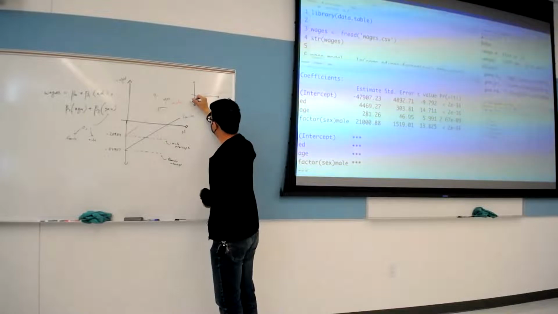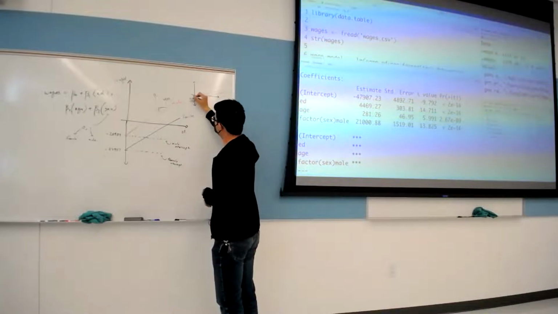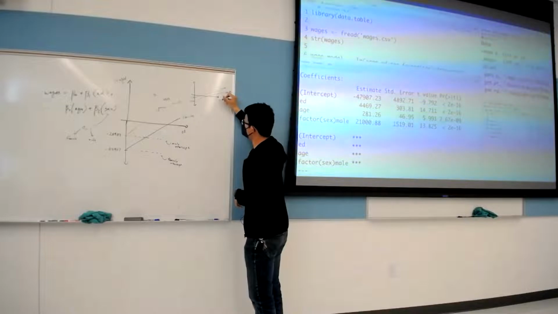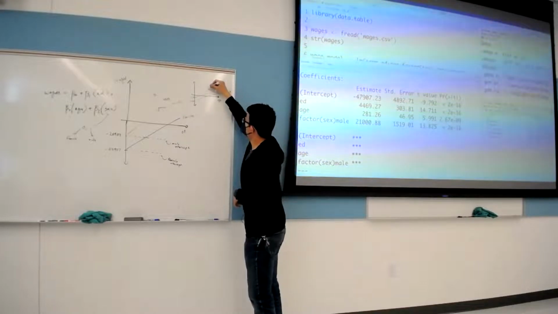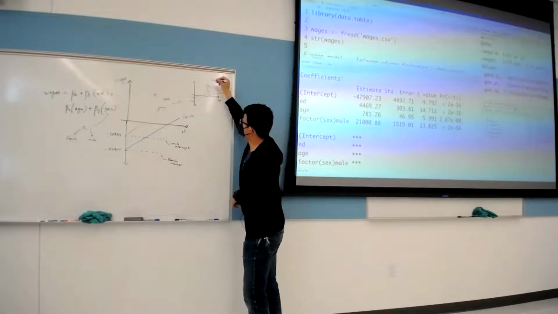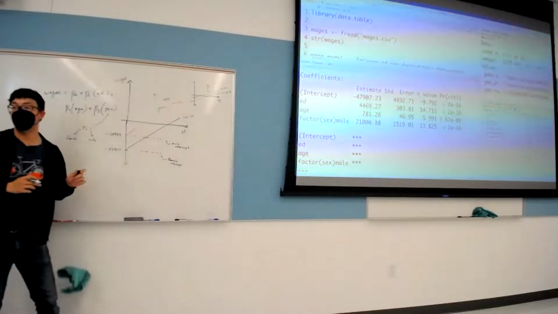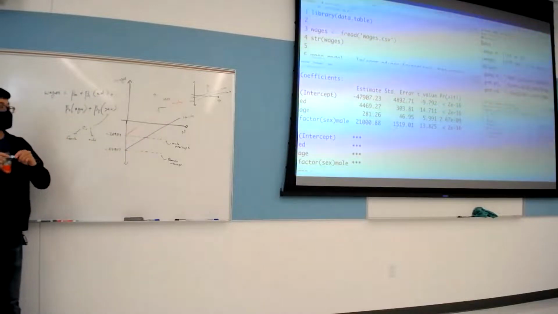These would be negative 47K, negative 27K, males, females for age, and this would be a slope of beta 2. So you'll have both of these plots.